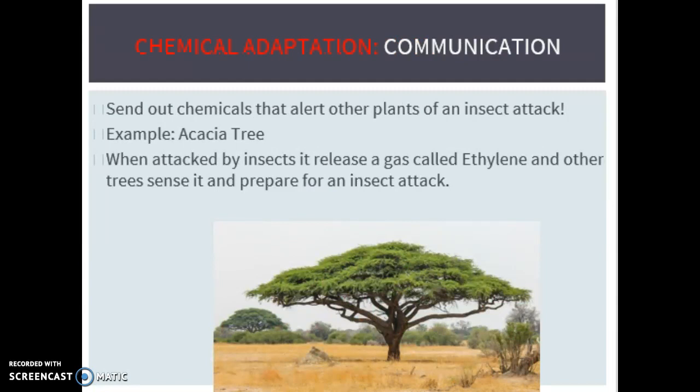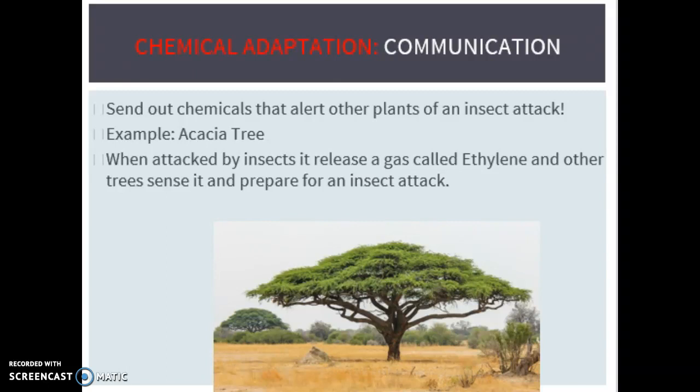They also have the ability for chemical adaptations by communication. This is a pretty cool one. So the acacia tree is in Africa, and it can send out these chemical signals to alert plants of an insect attack.